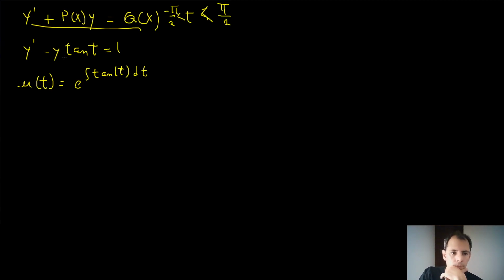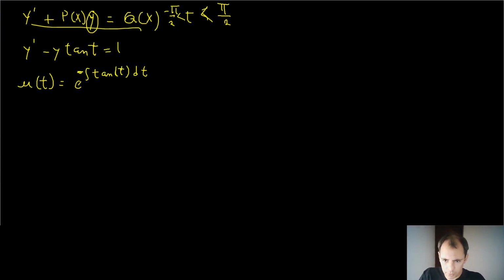Here you have a y, and here you just want to have a y too. So it's actually a minus, because you carry the minus tangent of t. But instead of integrating with respect to the minus tangent of t, you do e to the minus integral of the tangent of t.